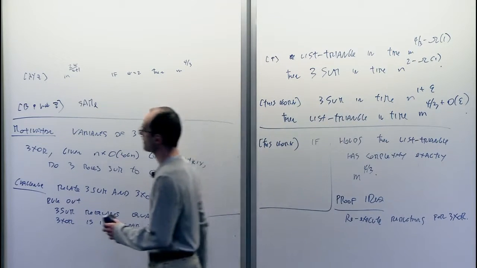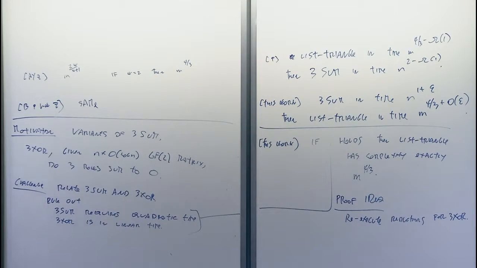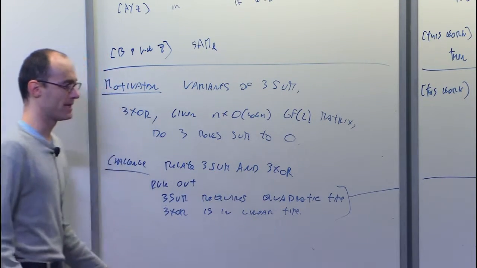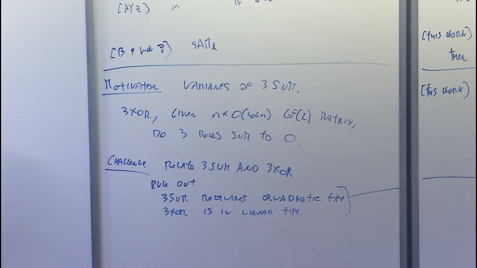So what I'm going to do now is, oh yeah, I want to mention other reasons why this challenge may be interesting. Let's look at variants of these problems when the number of summands is larger than 3. If you look at 3 sum, you obtain the problem subset sum, which is NP-hard.